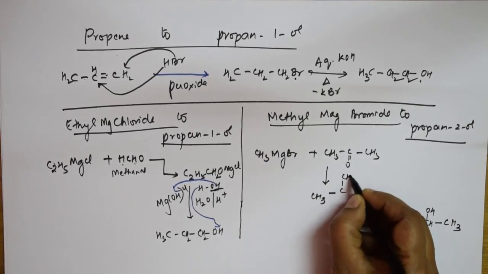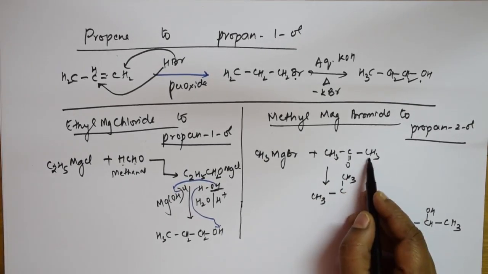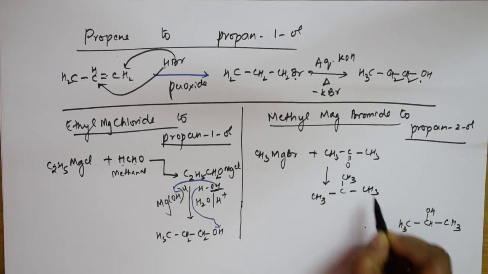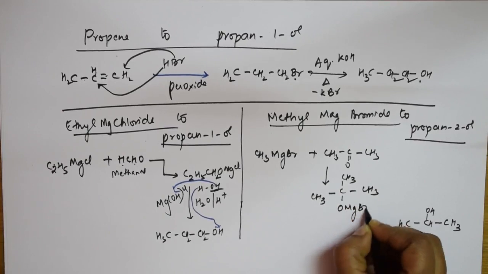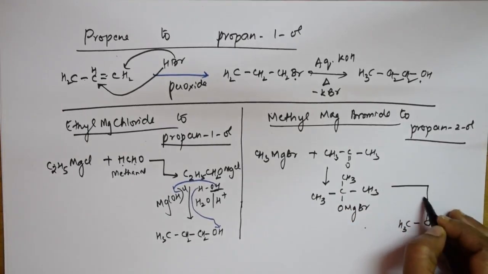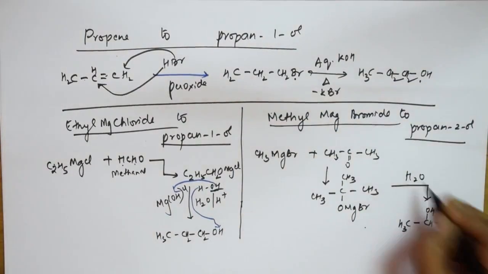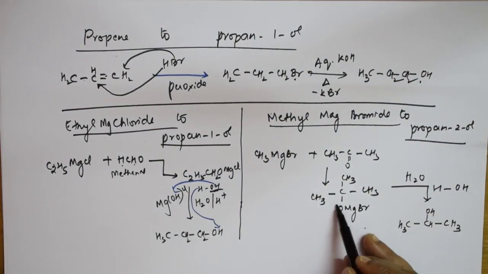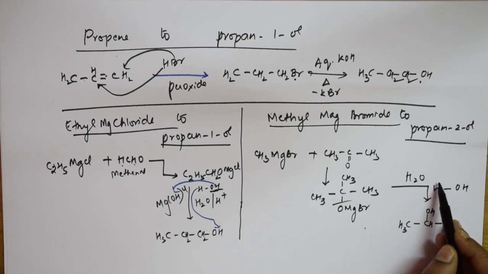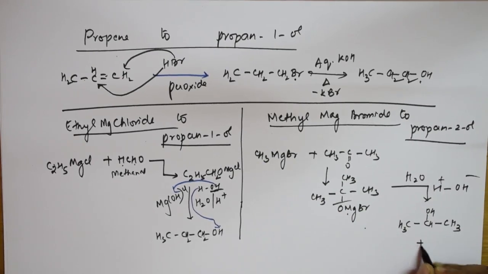This methyl group is here. To this O, MgBr adds, OMgBr. Now I'm going to further hydrolyze with H2O. What will this H2O become? H and OH. Then there is a cleavage of the bond here, H+ and OH-. This H comes and joins here. What do I get?